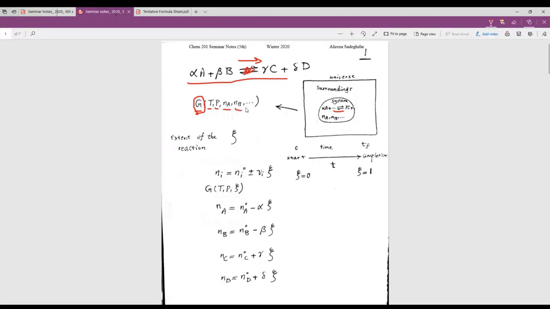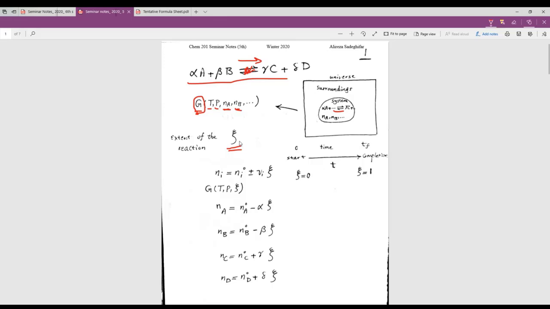This makes things very complicated, but it turns out that you can link all these numbers of moles in this reaction to each other by using just one single independent variable. It's called extent of the reaction. So instead of keeping track of all these variables in the system, you only need to keep track of this variable, extent of the reaction.